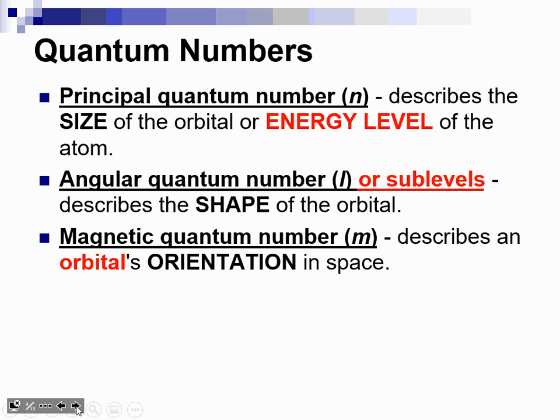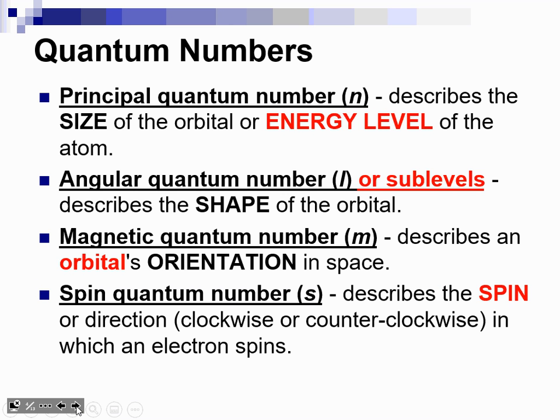the different orientations. And finally, the spin quantum number, which describes the spin or direction in which the electron is spinning. I've seen this represented in a couple of different ways, and I'm going to show you one way, but just think of it like this. If one of the electrons is spinning clockwise, the other is spinning counterclockwise. It's just going the opposite direction.